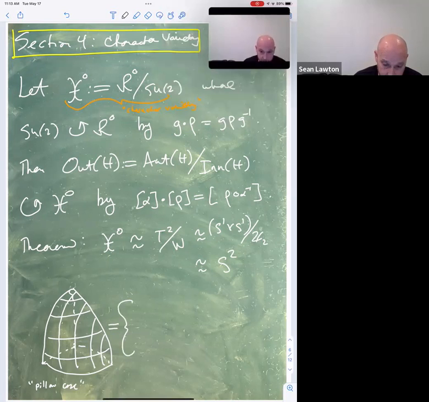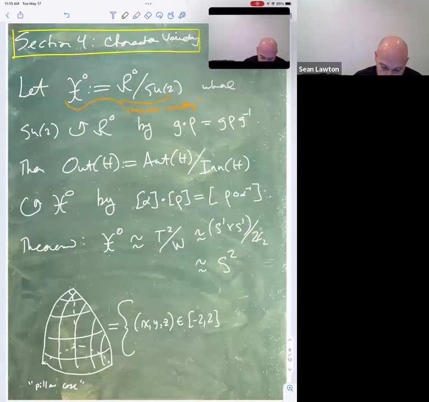We can write it as a set of x, y, z in R^3 such that x squared plus y squared plus z squared minus xyz minus 2 equals kappa.